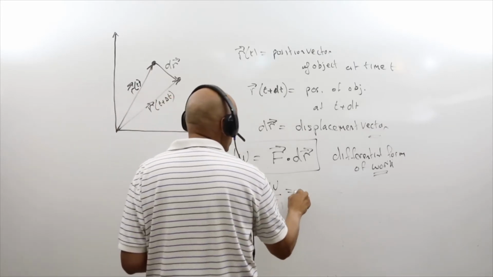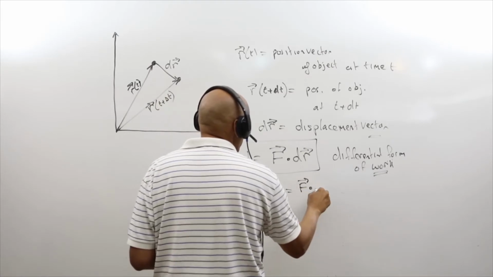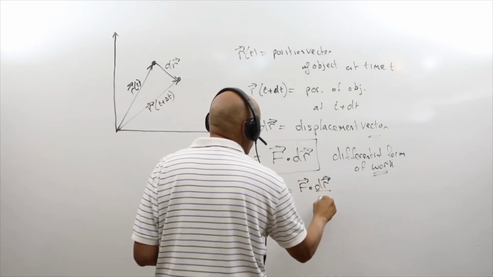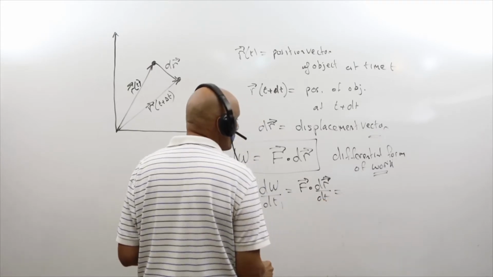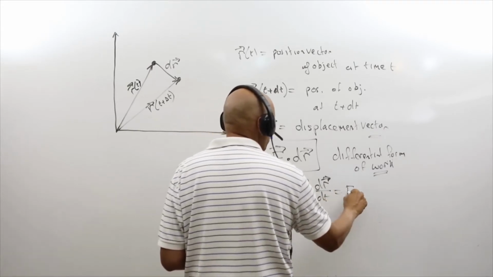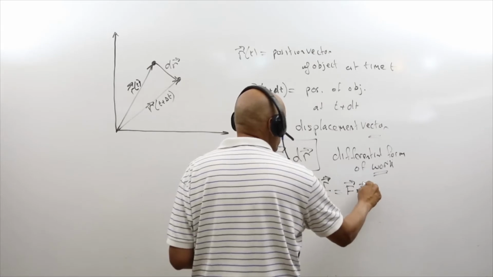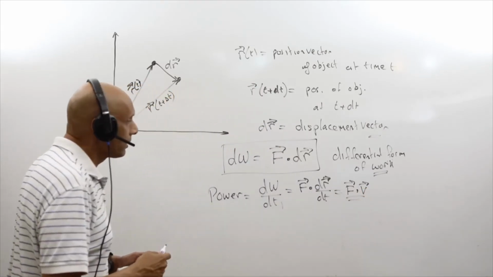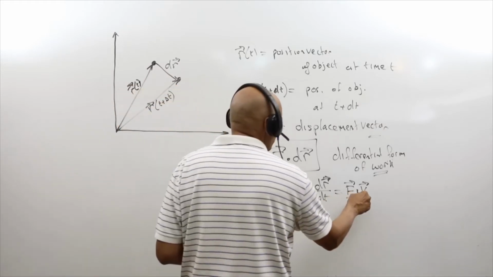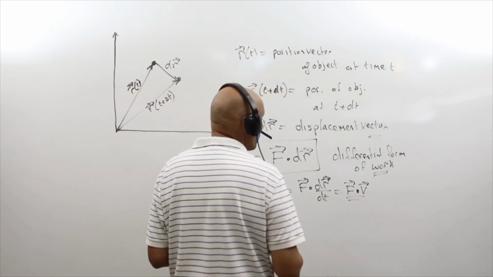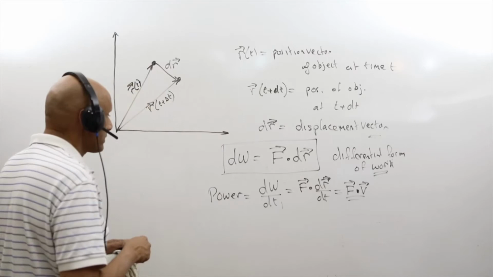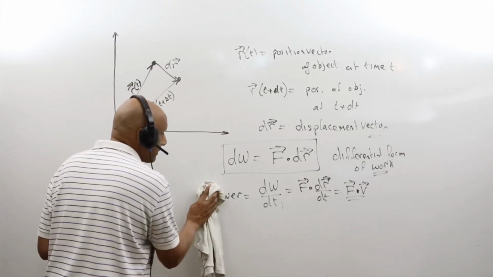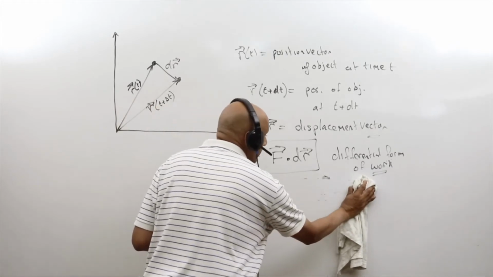And that's equal to F dot dr vector over dt. If you look carefully, this is actually just the force vector dotted with the velocity vector. This is called the power. But let's not worry about power right now.